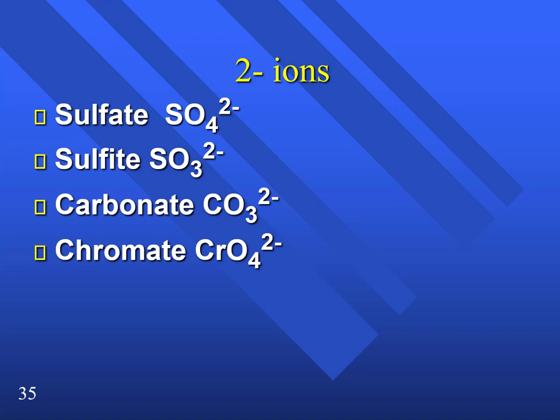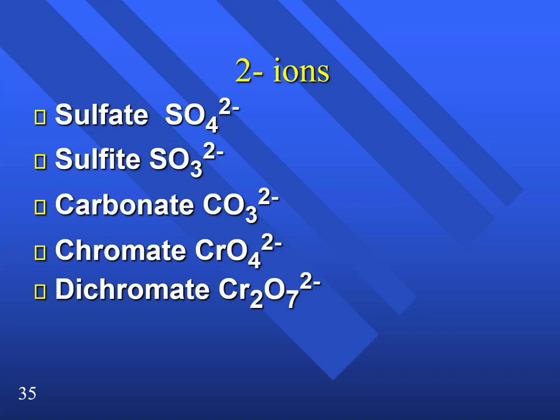Because there was nothing to freeze them in. Chromate, chromium and some oxygen, right? Dichromate, the prefix di means 2, and it's almost twice as big. It's got twice as much chromium, Cr2, almost twice as much oxygen. That make sense?